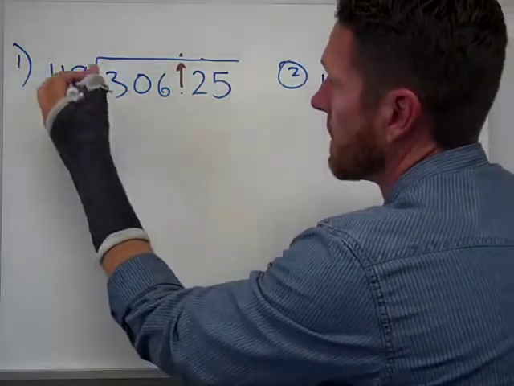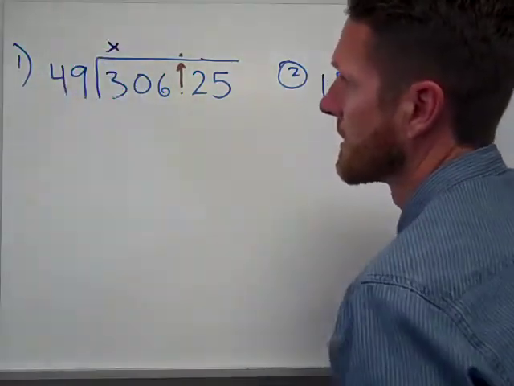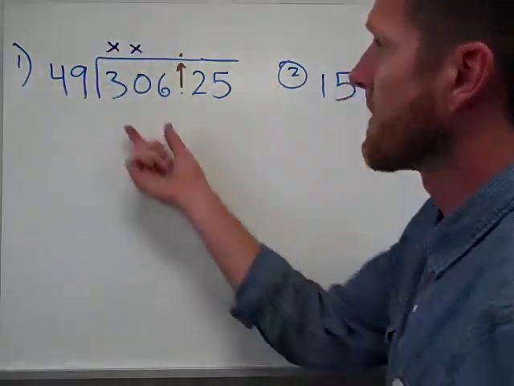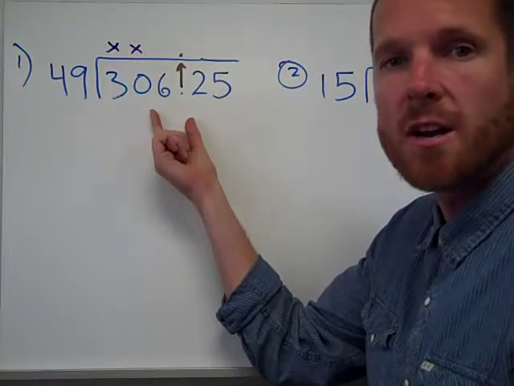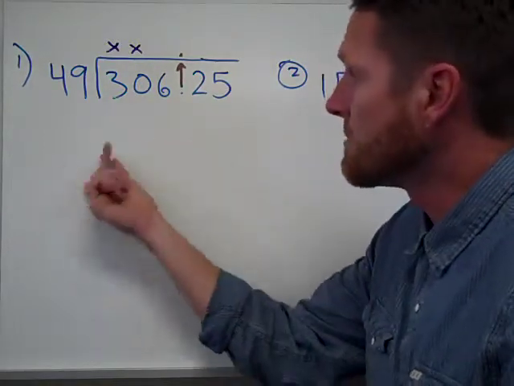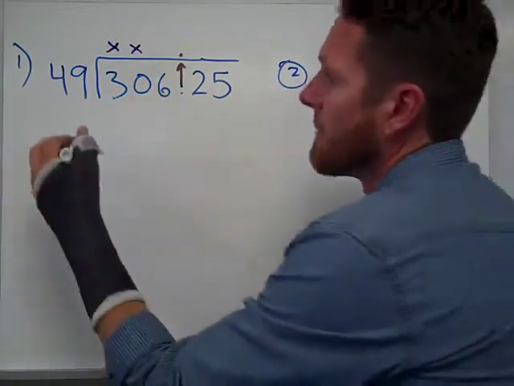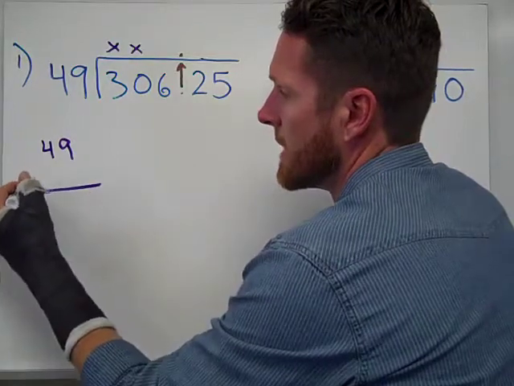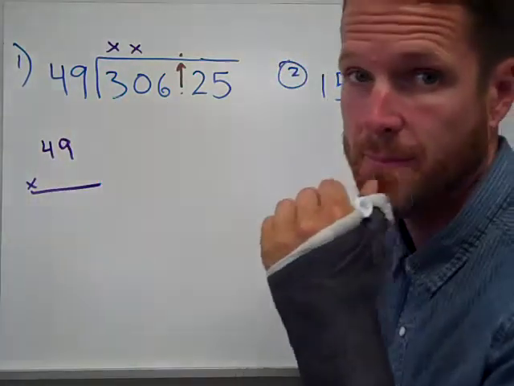So 49 does not go into 3. 49 does not go into 30. So we have to figure out 49 times what equals 306. Now that's kind of a large number, right? So we want to maybe do some math on the side here. 49 times a certain number is going to get us close to 300.